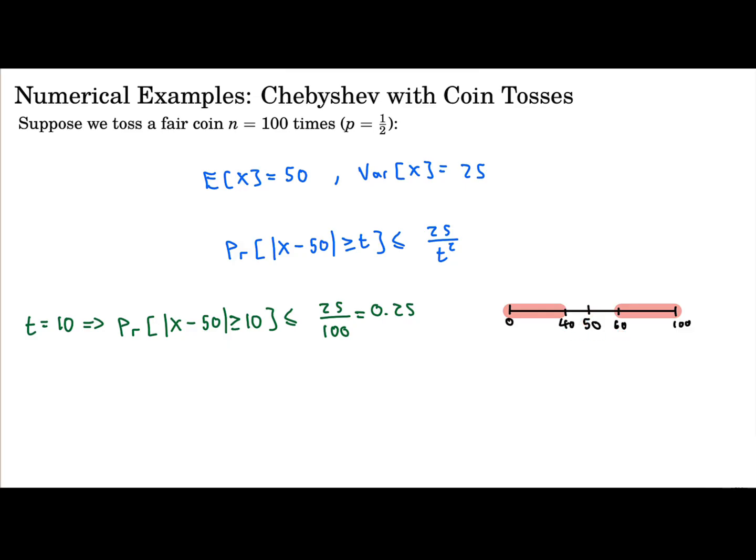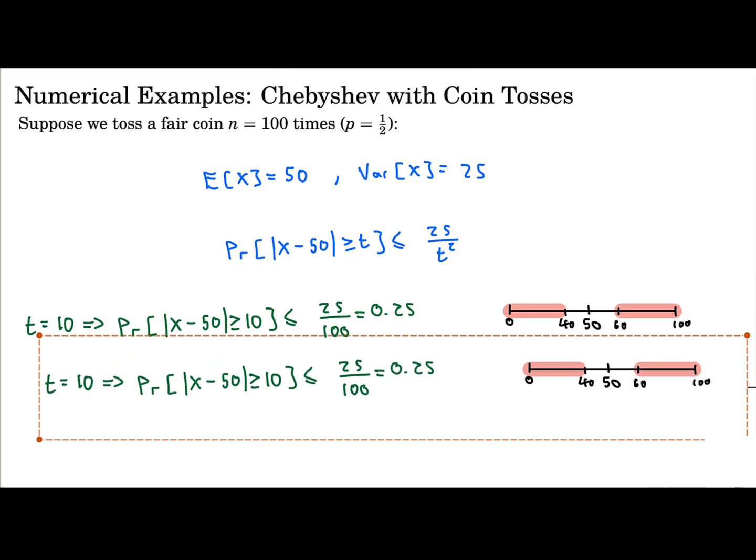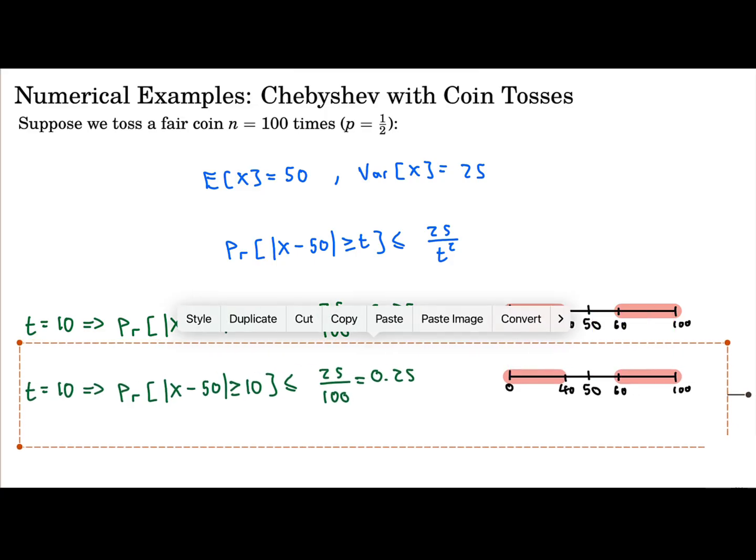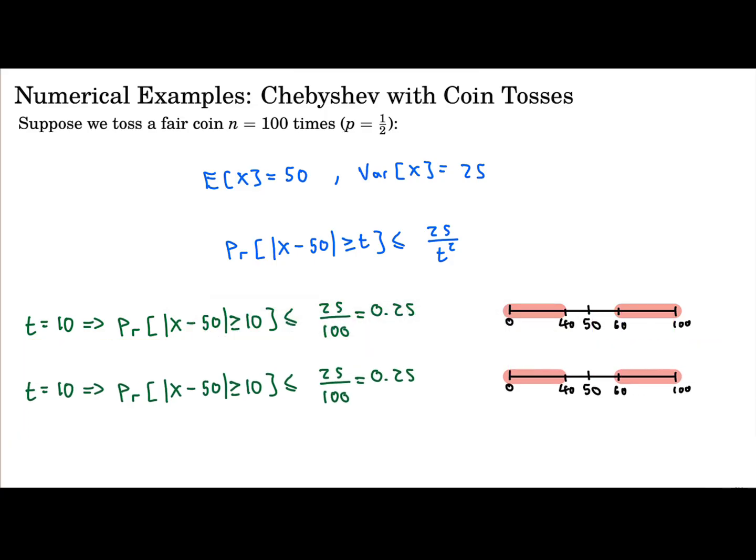We can also replace here with different values. If you were to increase this to, say, 20, so t equals 20, now it'll be 20 squared here, so this will be 400.